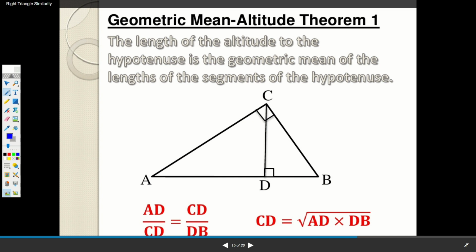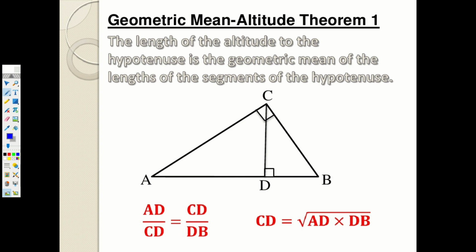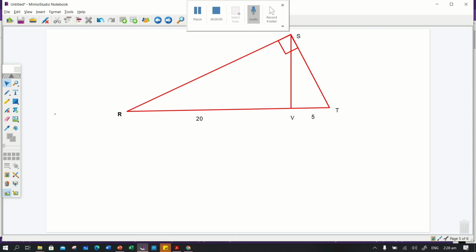So let's try to have some examples for us to understand this geometric mean altitude theorem 1. In order for us to understand geometric mean altitude theorem number 1, let's try to solve this figure. In geometric mean altitude theorem 1, we're going to solve for the length of the altitude. So we're going to solve for this side, that is segment SV.